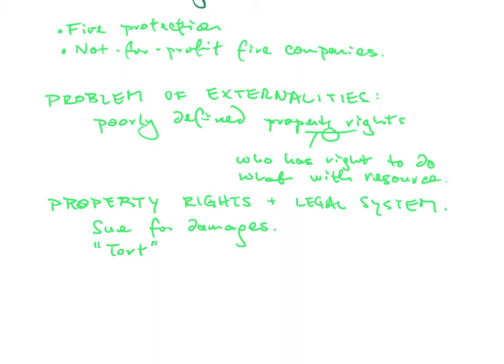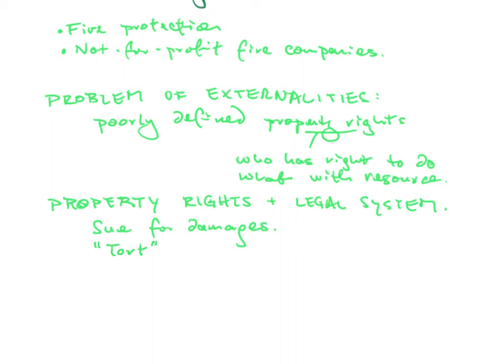Well, you can sue to recover the damages that were caused to you. And it might still be a win for both of you if your neighbor had a high value of polluting and you get compensated for the damage. That can in fact be a win for both of you.